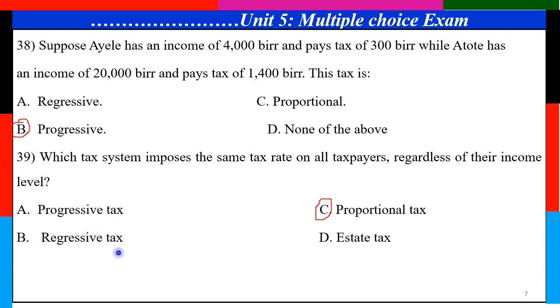Regressive tax is the opposite of the progressive tax. That means the type of tax which decreases as the income of an individual increases. Higher tax on the lower income group and lower tax on the higher income group.